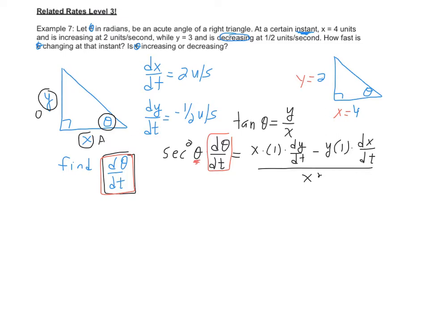So we need to find theta at the moment when x is 4 and y is 2. The tangent of theta in this case would be 2 over 4, opposite over adjacent. To get theta, we have to do inverse tan of 2 over 4 in the calculator. So go ahead and do that.